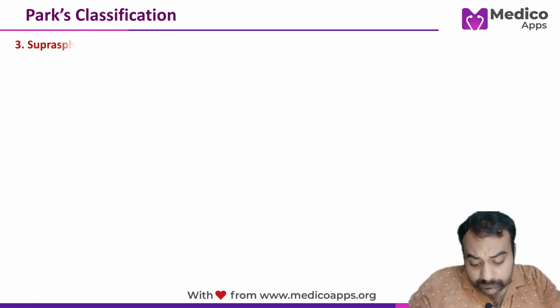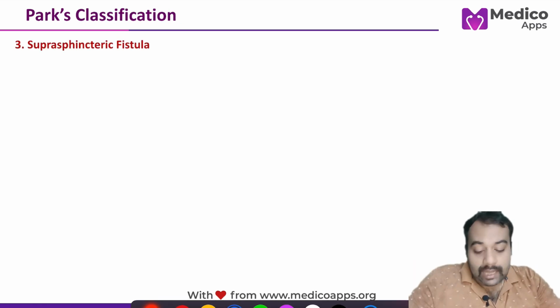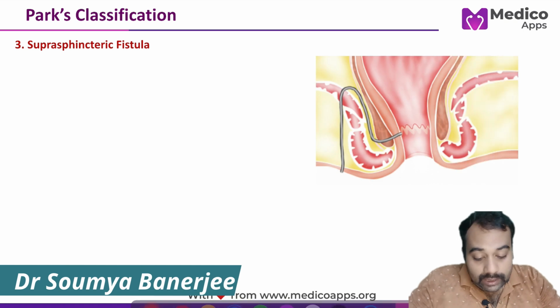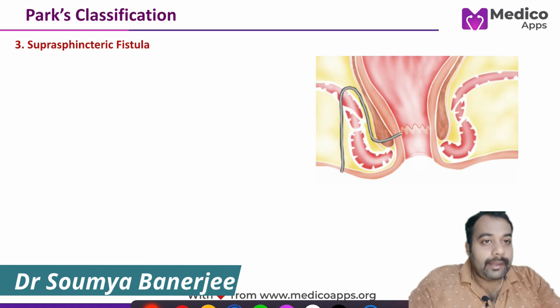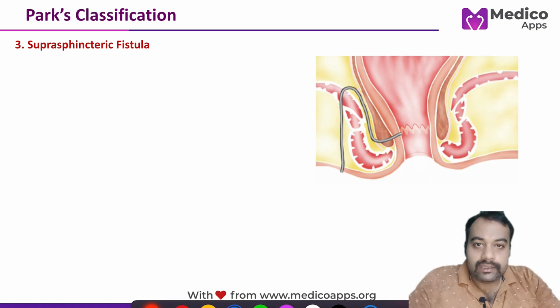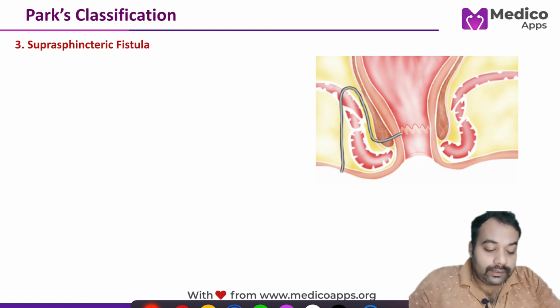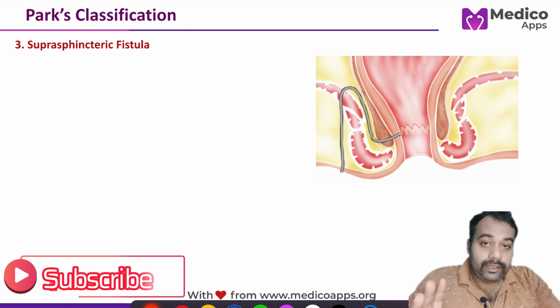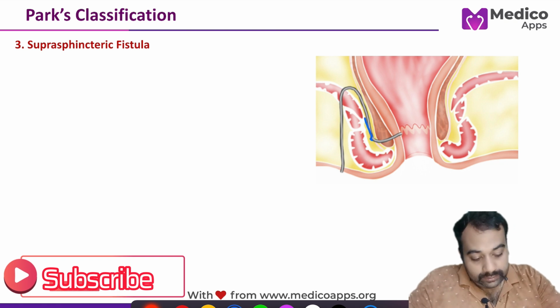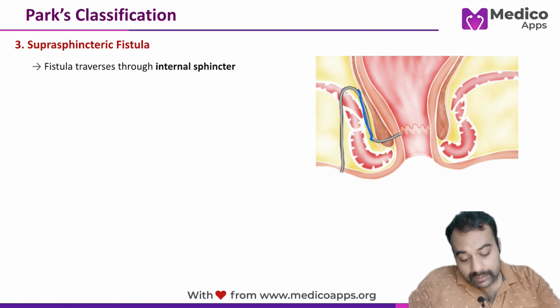Okay. Now, our next classification is the suprasphincteric fistula. So what exactly happens? The internal opening is the same, at the level of the dentate line, and it traverses through the internal sphincter, and then goes up between the plane of the internal and external sphincter. You can see in this image, right?